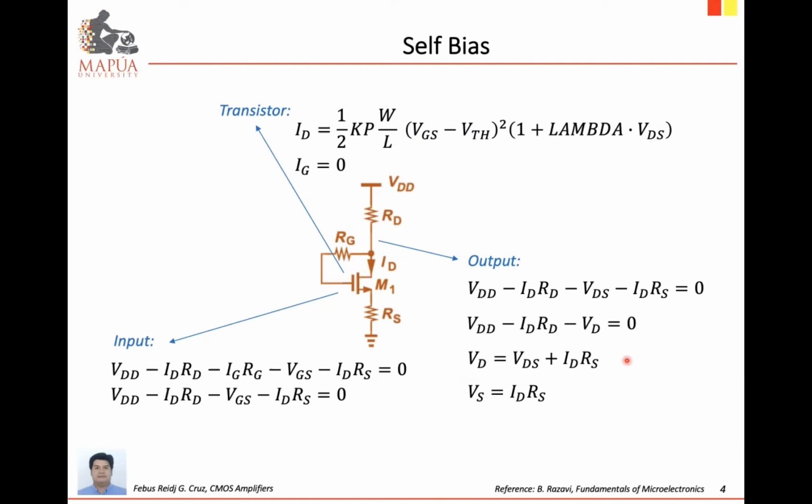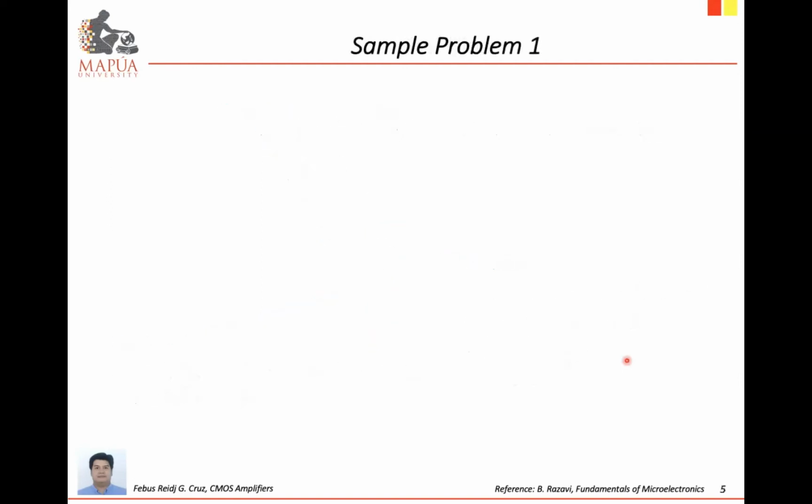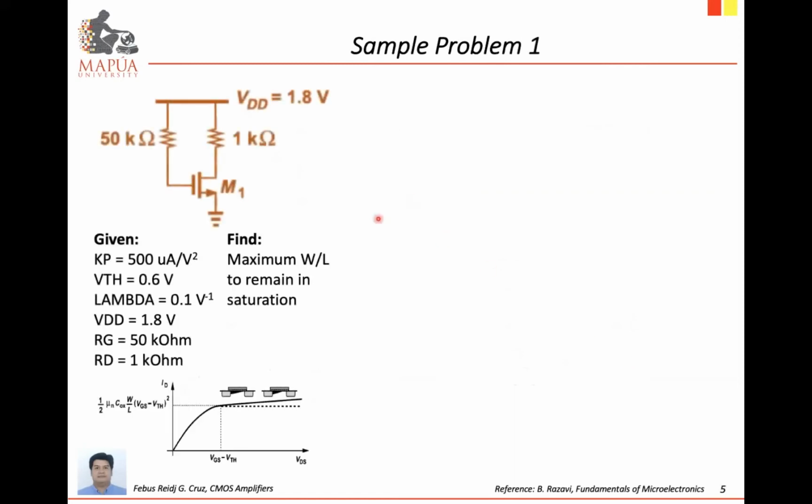All right, thank you. So let's have here some sample problems. Let's say we are given this biasing circuit with a VDD equal to 1.8 volts, a gate resistance of 50 kilo ohms, a drain resistor of 1 kilo ohm, and an N-channel MOS transistor M1.